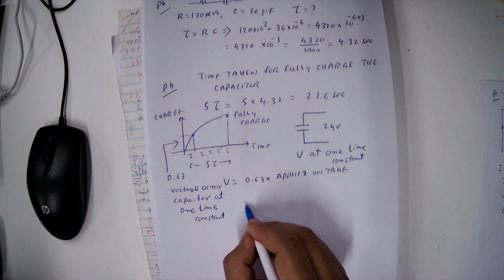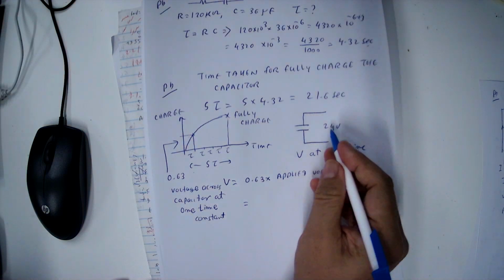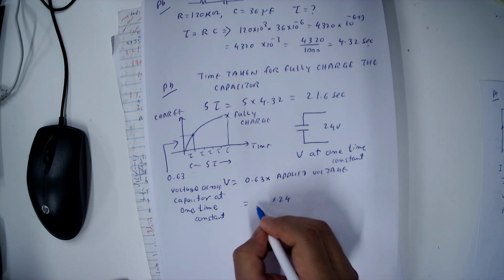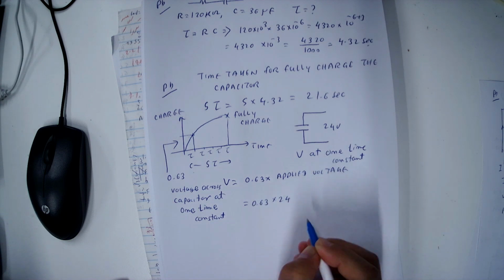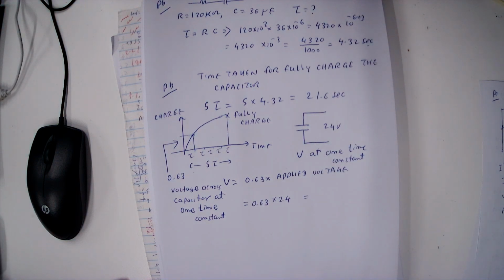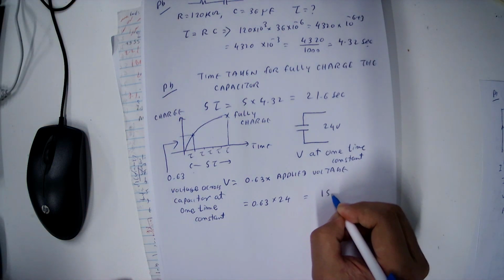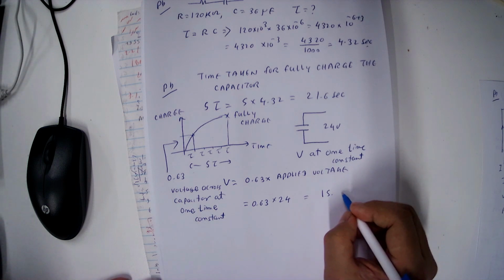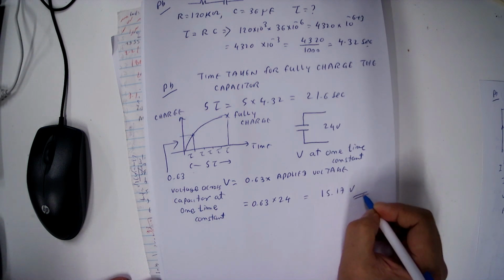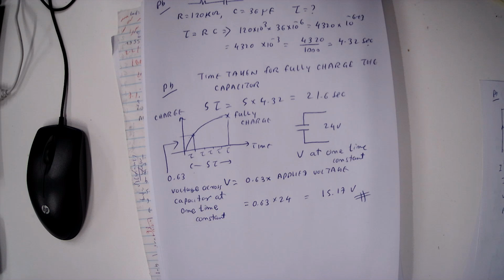So in this problem, the applied voltage is 24 volt, but the voltage across the capacitor at one time constant is 0.63 multiplied by 24, which is 15.17 volt. The capacitor voltage is only 15.17 volt.